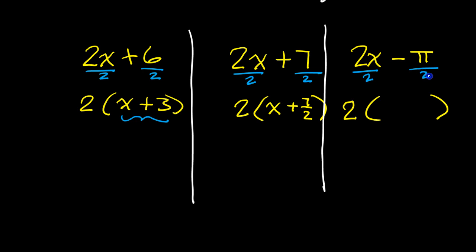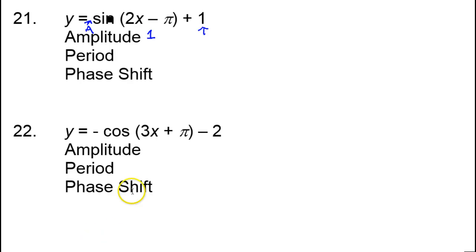If I divide by 2 here and I divide by 2 here, what is that going to give me? That is going to give me x minus pi over 2. So guess what, guys? This is the form that you have to write the problem in before you can start talking about what the phase shift is. It has to be in this form with the b value factored out. If you have a b value, you have to factor it out before you talk about the phase shift.